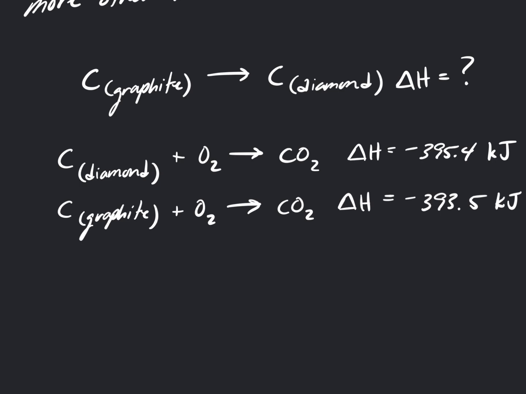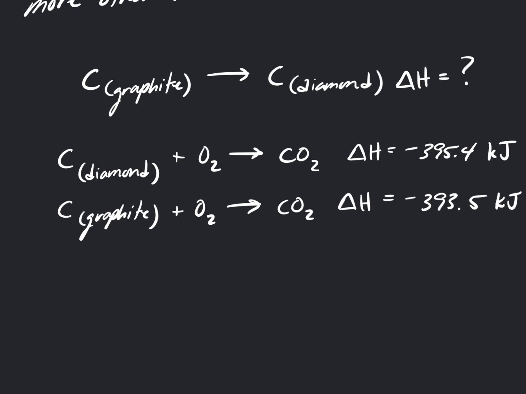All right, what I'm going to do is rearrange this reaction here with the diamond. And then I'm going to show you how we can add one reaction to the other reaction to get this product reaction, or this final reaction.